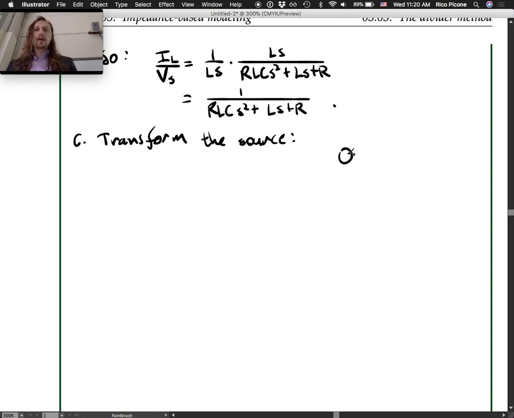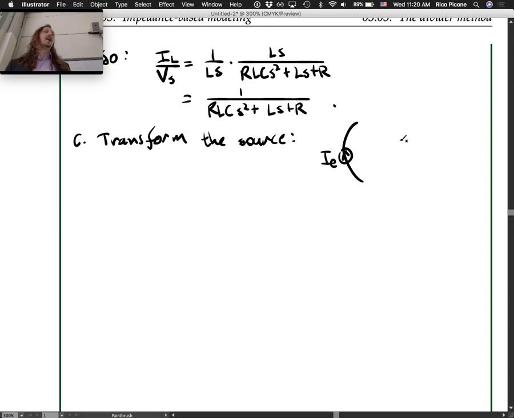So we're going to have some current source now. And I'm just going to call it IE. We're going to get rid of IE. We don't want anything in terms of IE in the end, right? If you wanted to know what it was, you could solve for it, but we don't care.